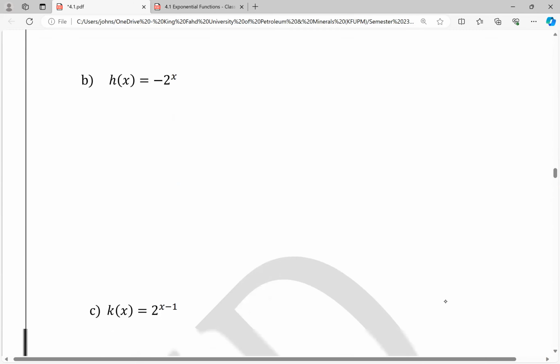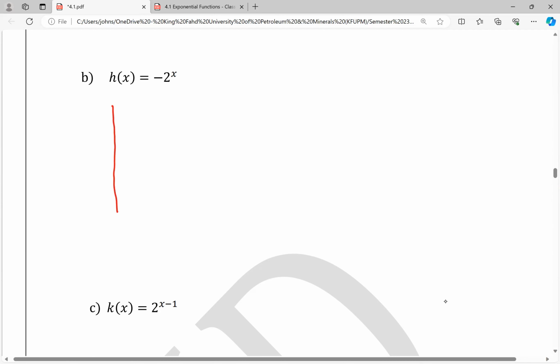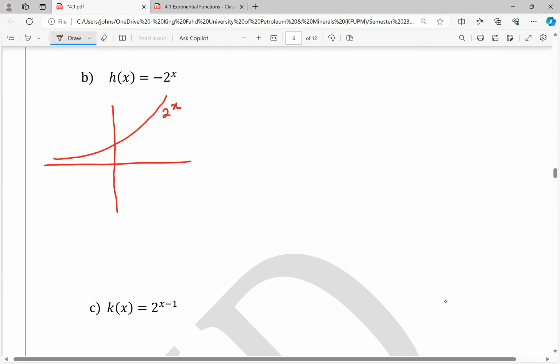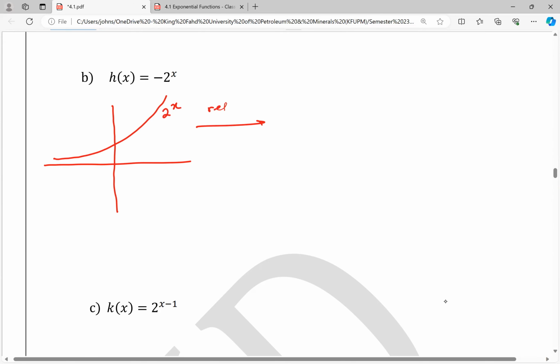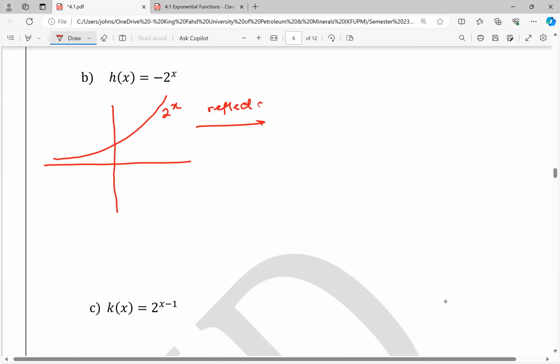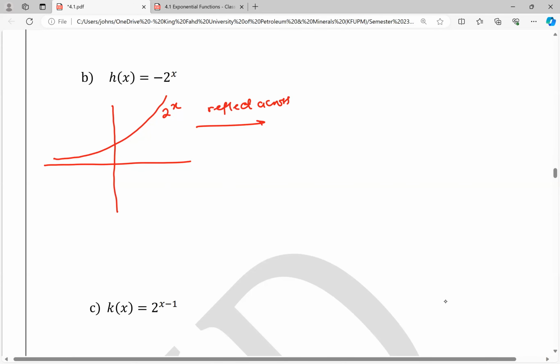Now, this one is just a reflection across the y-axis. So we can still start with 2^x. Now we reflect across the what?